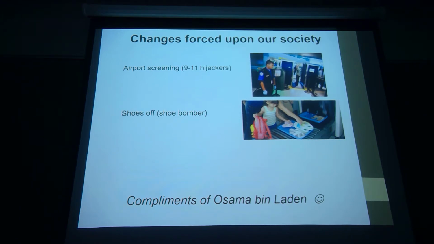When you go to the airport, you might go through a metal detector. That's it. Okay? You can take your belt off, because there's the belt bomber and the underwear bomber and the shoe bomber. I mean, these are all real cases. Now most of them were thwarted. But because of these types of terrorists, you have to have this heightened level of security, compliments of Osama bin Laden. Al-Qaeda really changed the way we operate, okay? Because they were able to export their terror.